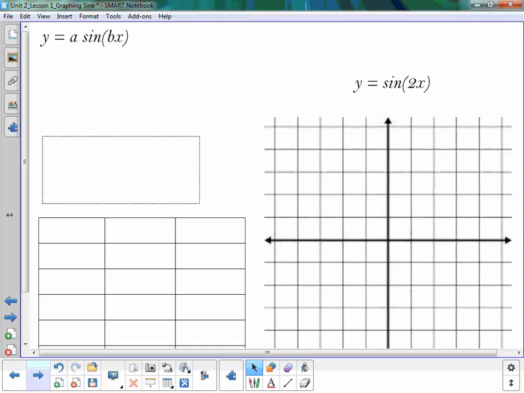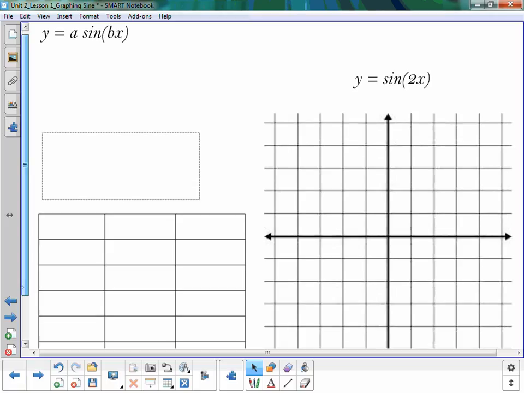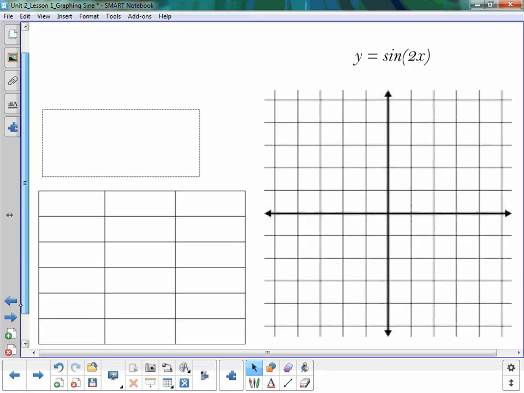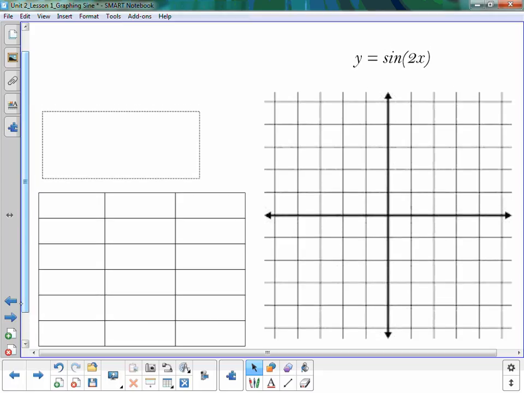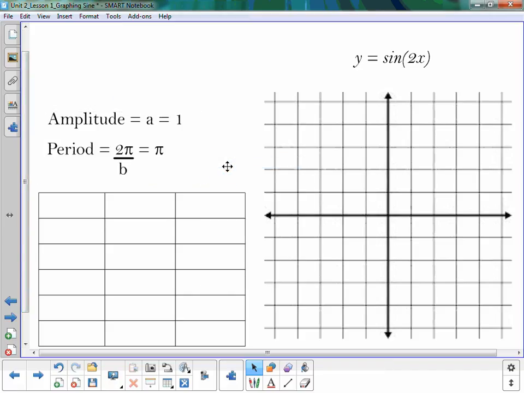So now let's change B instead of A. So if we're graphing y equals sine of 2x, our amplitude goes back to being 1 because the number in front of sine is 1.